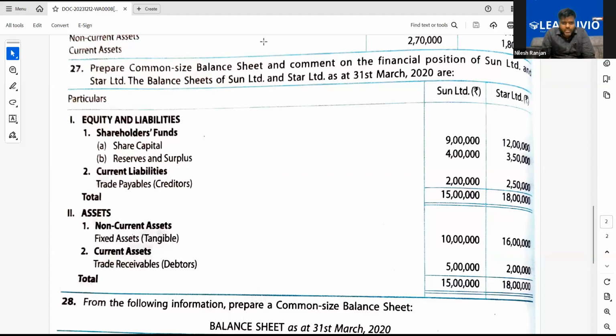On which part are you right now? Assets. Okay. Sumaya, have you completed? No, I'm still doing. Okay, so any Sun Limited or Star Limited, any part completed?